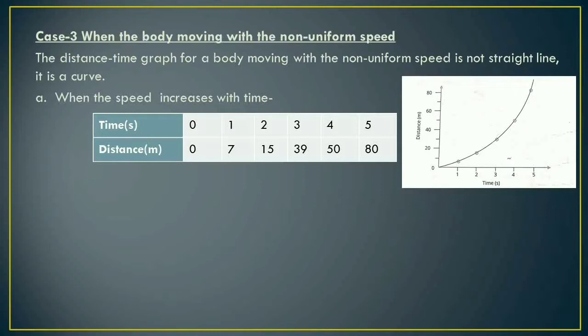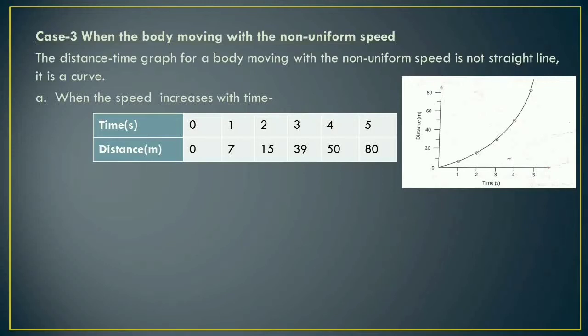First one is when the speed increases with time. When the speed of a body increases with time, the distance covered by it per unit time also increases with time. Therefore, the distance-time graph for a body moving with an increasing non-uniform speed is a curve whose slope increases with time. You can see the table.